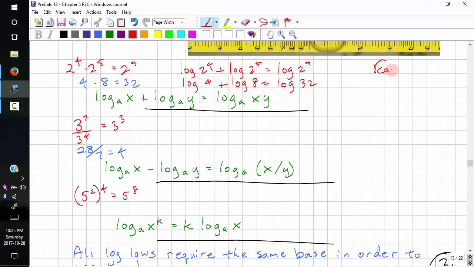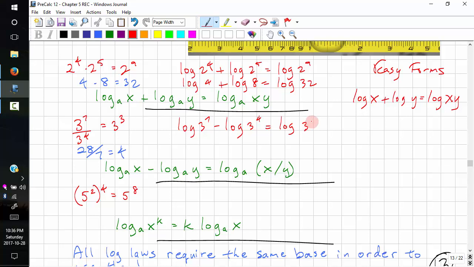And we have easy forms here. If you're just going to use the common log, we have log x plus log y equals log xy. If we're doing division, log 3 to the power of 7 minus log 3 to the power of 4 equals log 3 to the power of 3. So with the power laws, we would just subtract the exponents.